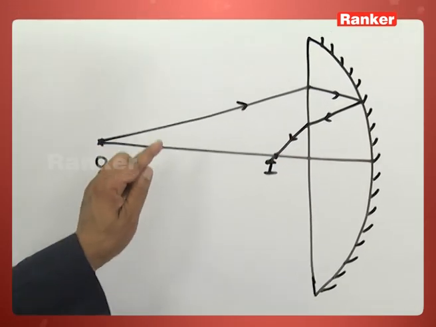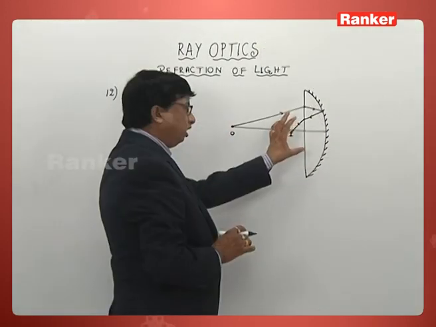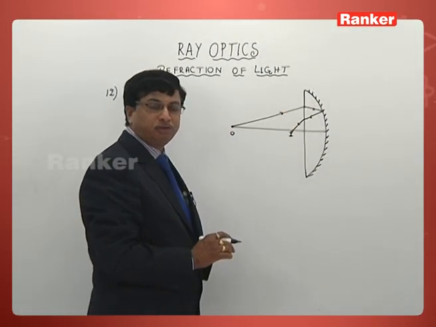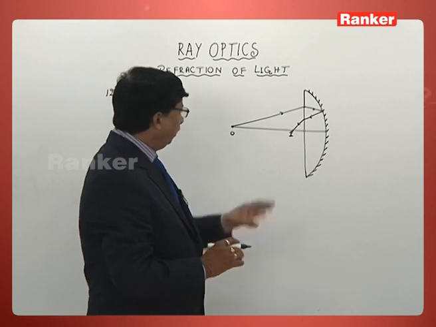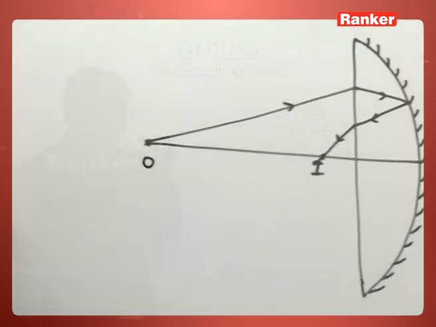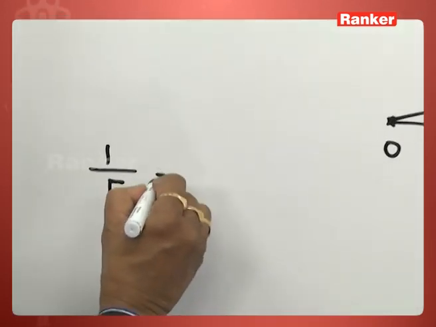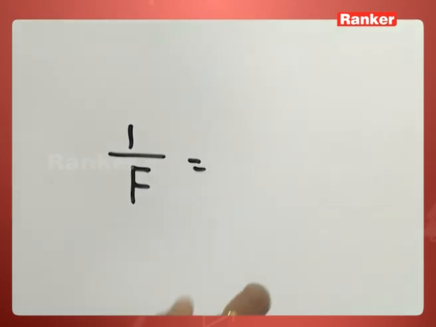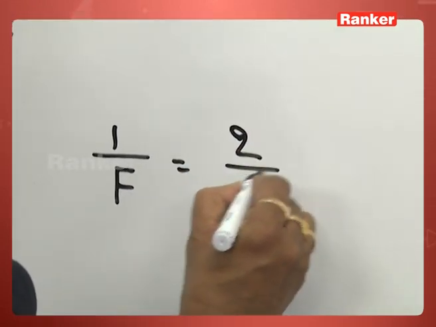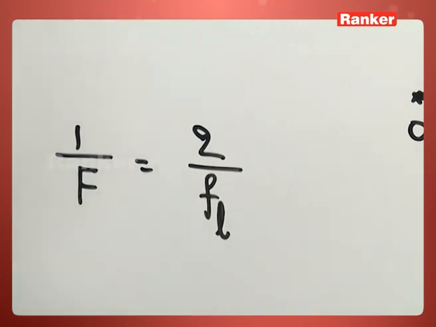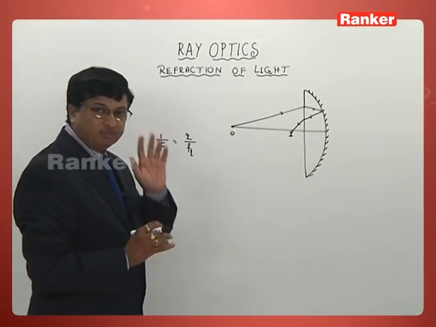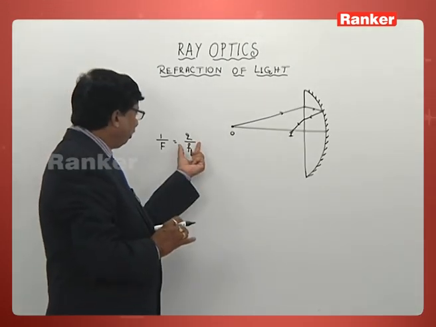So what would be the effective focal length of this combination? First of all, you need to know the formula for effective focal length here. 1 by effective focal length is equal to twice the focal length of the lens, 2 by focal length of the lens. What do we have to take?